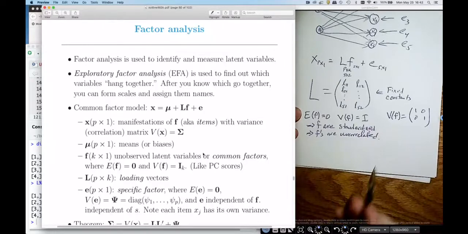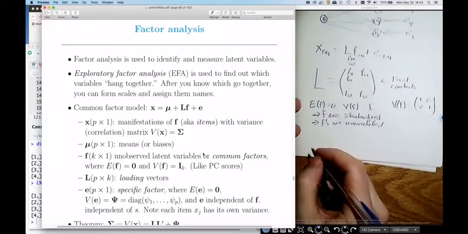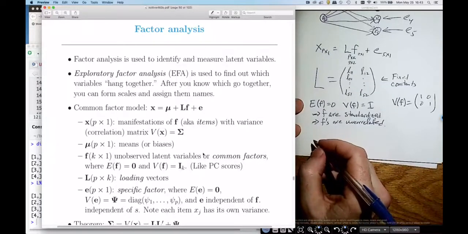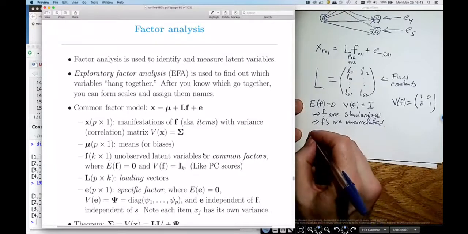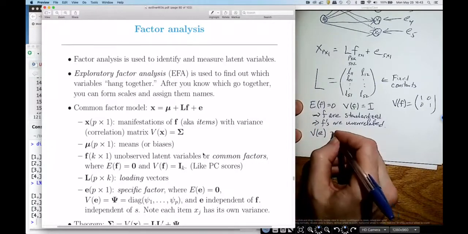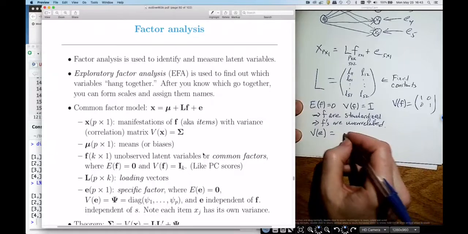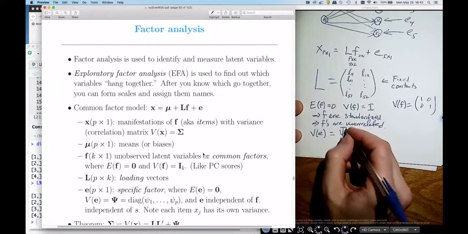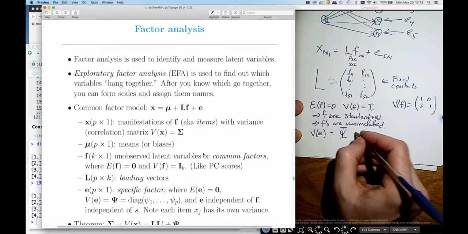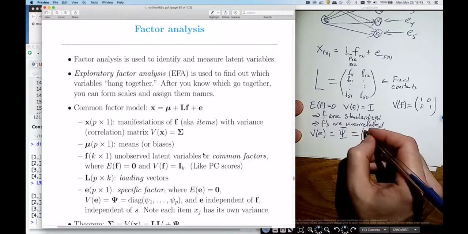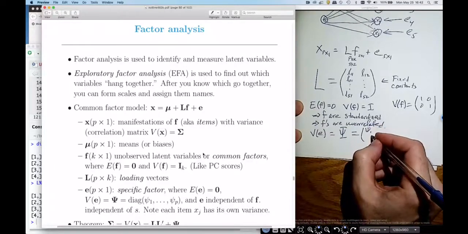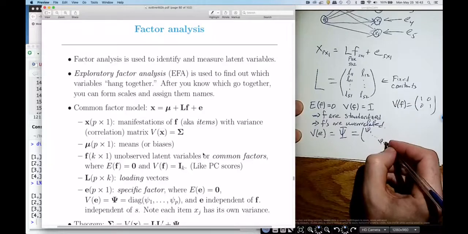Now, what do we know about these errors? Well, we know certain things about these errors. The variance of these errors will be some diagonal matrix psi that looks like this. So that's a capital psi, and you can draw it like this. So psi 1 all the way through psi 5.